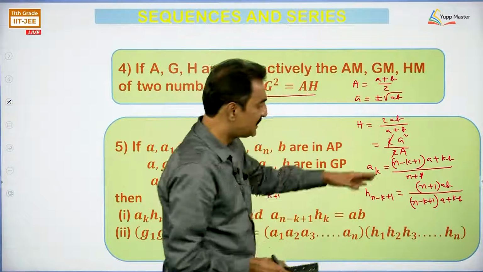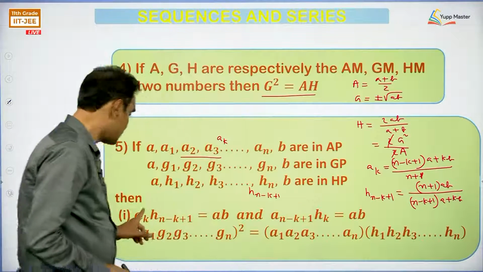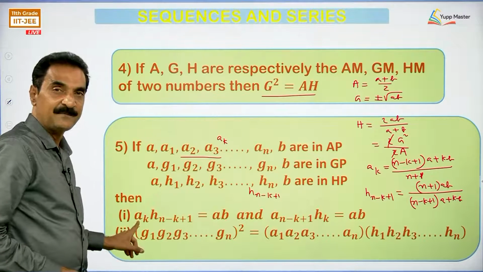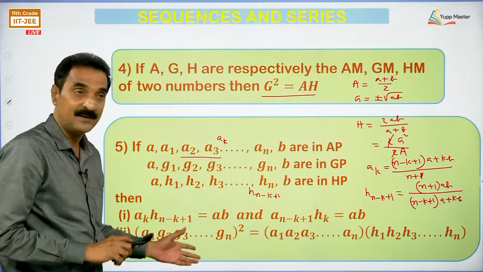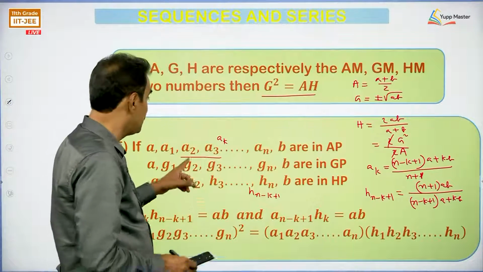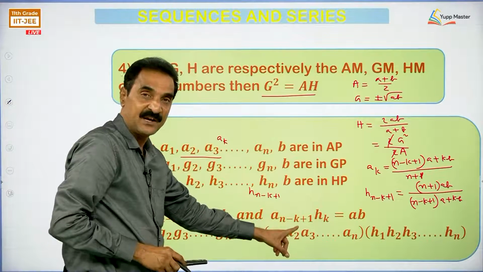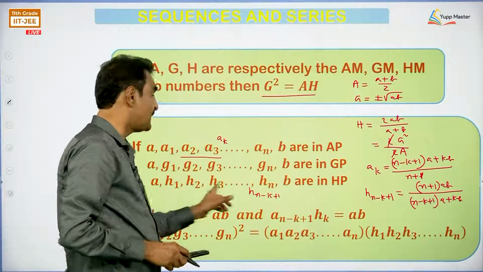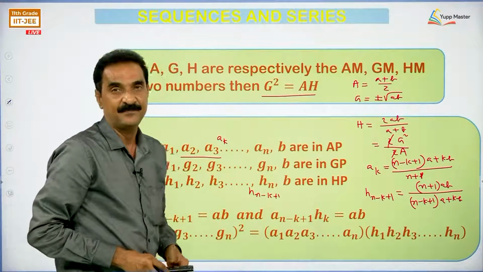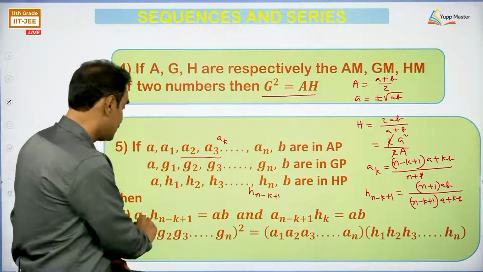You can observe that their product is AB. Product of the kth AM from left and the kth HM from right will be equal to AB. Similarly, product of the kth AM from right into the kth HM from left will also be equal to AB. Alright, very important, very useful formula this is.